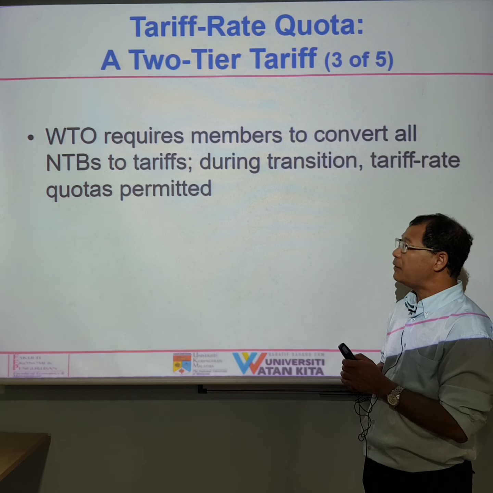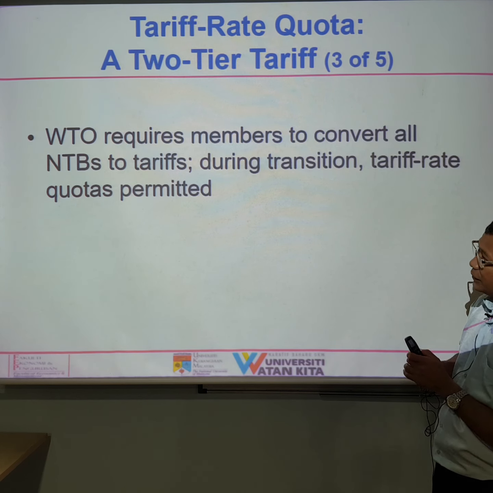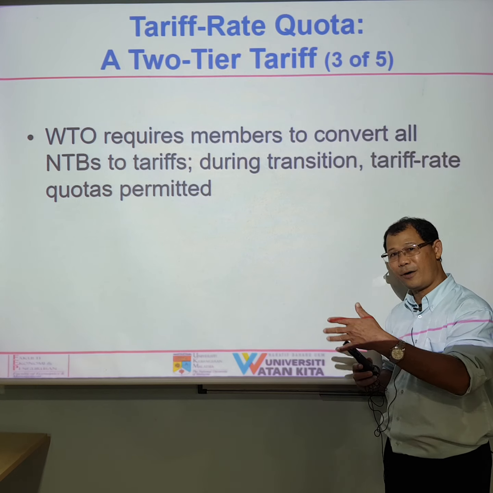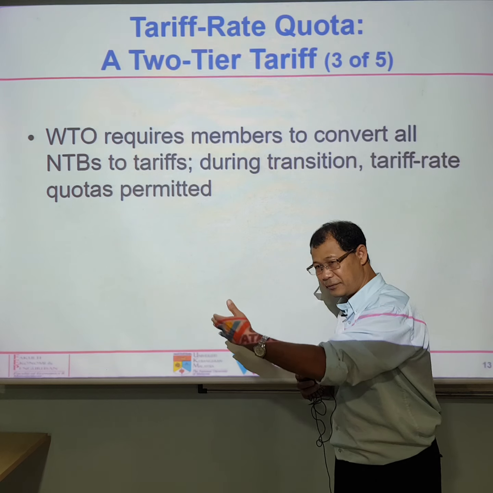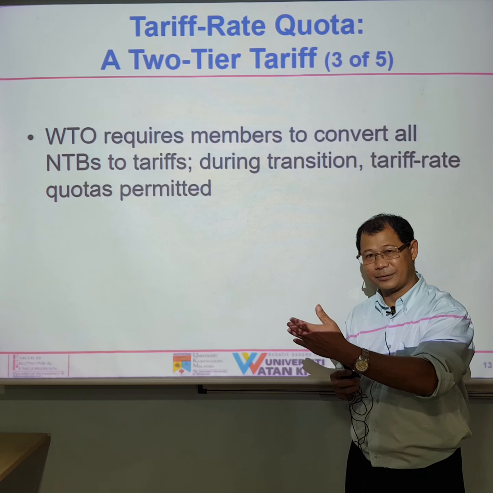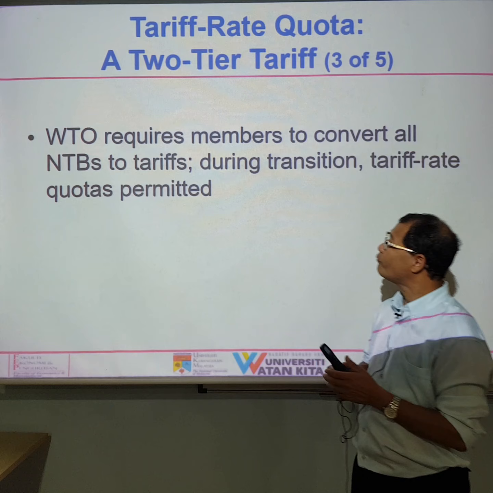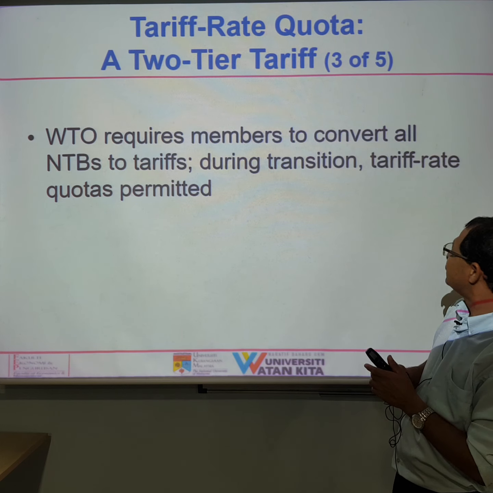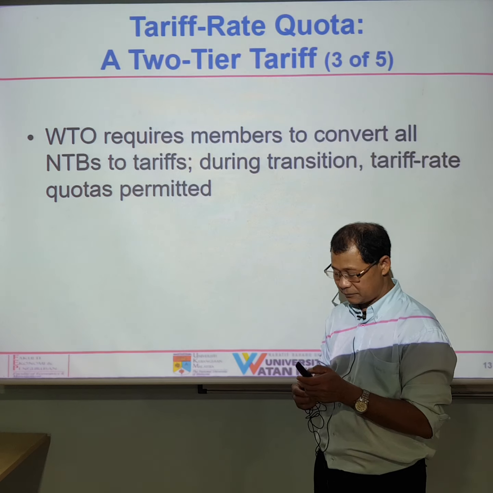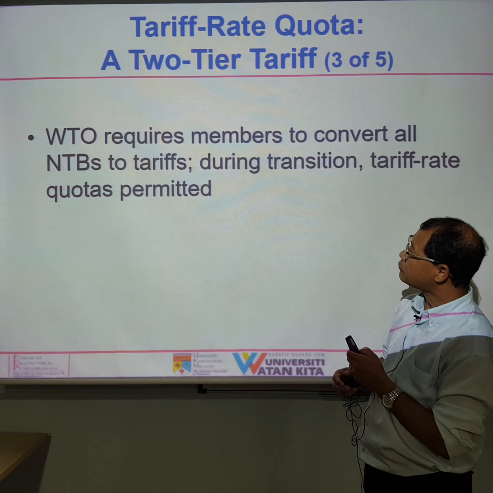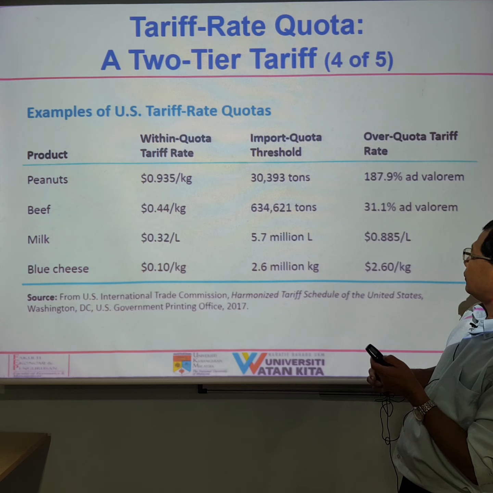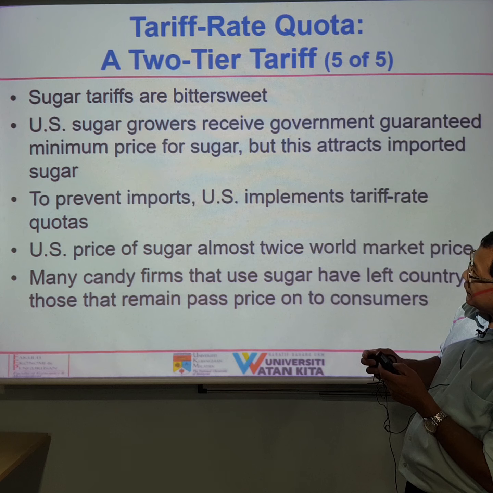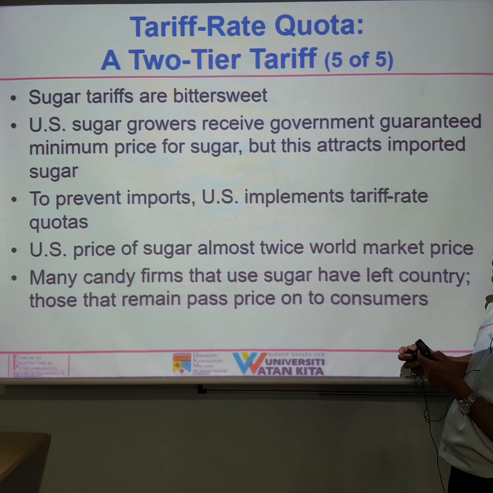The WTO requires members to convert all NTBs to tariffs, and to negotiate those tariffs down. During the transition, tariff rate quotas are permitted. So we're not going to go into that. This is just a story. Two-tier tariffs, still stories.